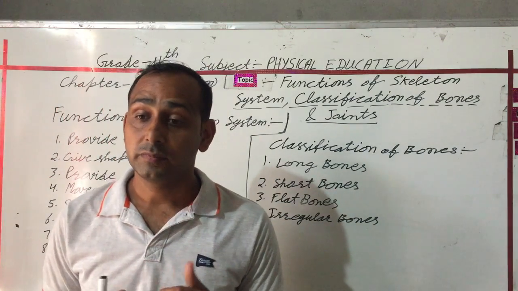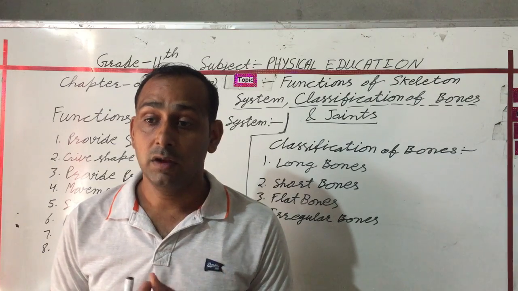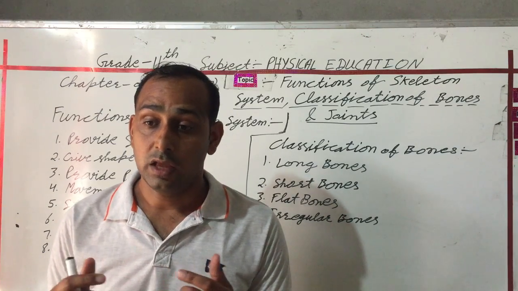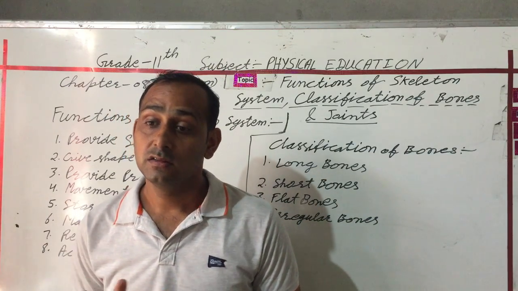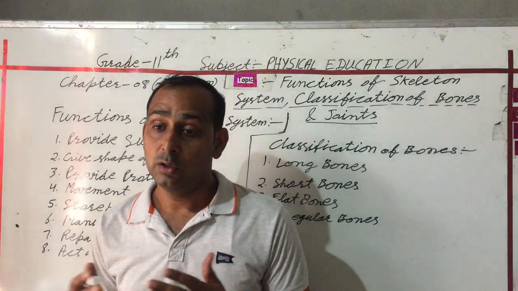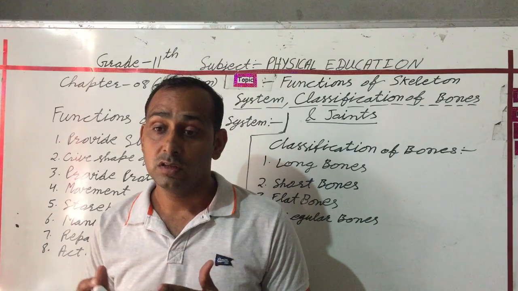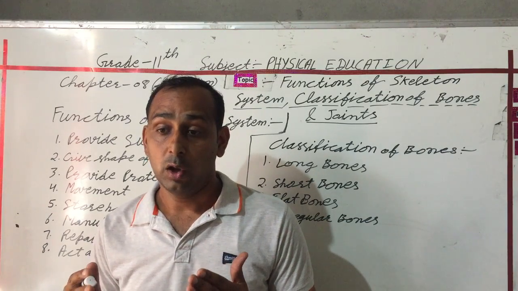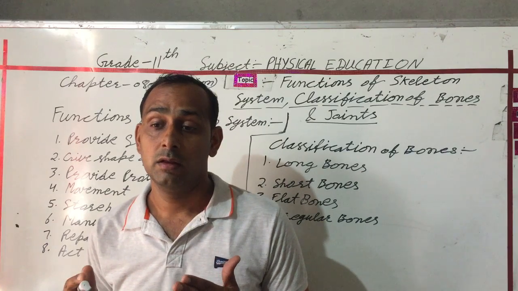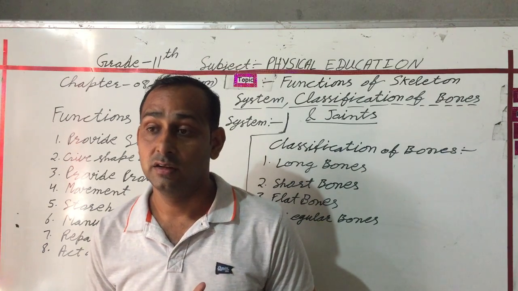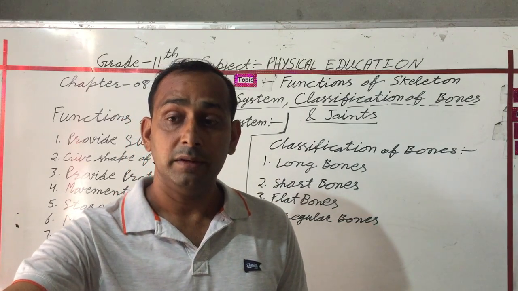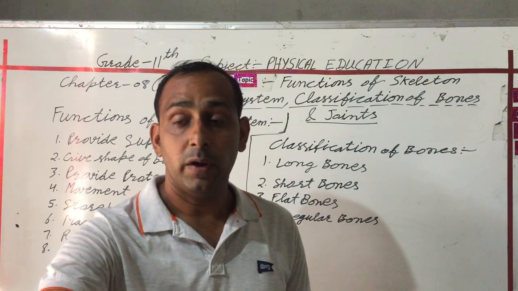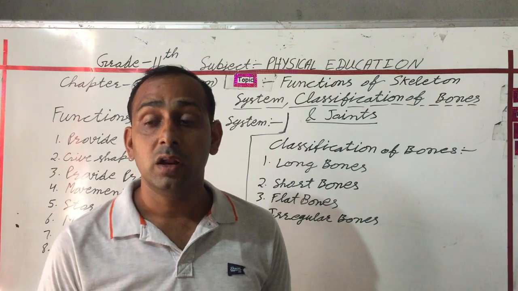The first is the clavicle bone 2, scapula 2, humerus 2, radius 2, ulna 2, carpal bones 16, metacarpal bones 10, phalanges 28. These are the types of bones.